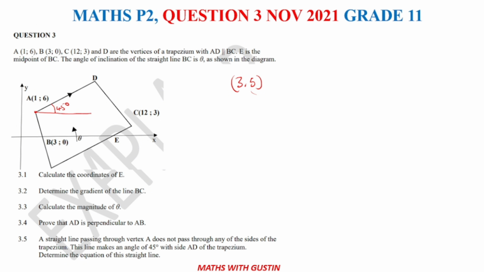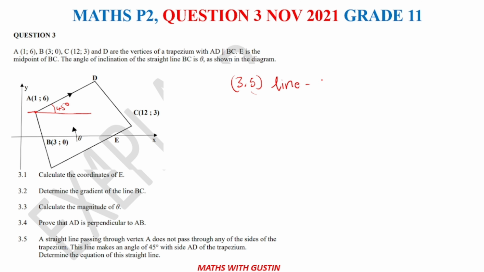All right, they said determine the equation of this straight line. Okay, so now if we have a look, we did manage to calculate this theta here. So now the angle that this straight line forms, because it's passing through that line, we have got the angle of inclination.